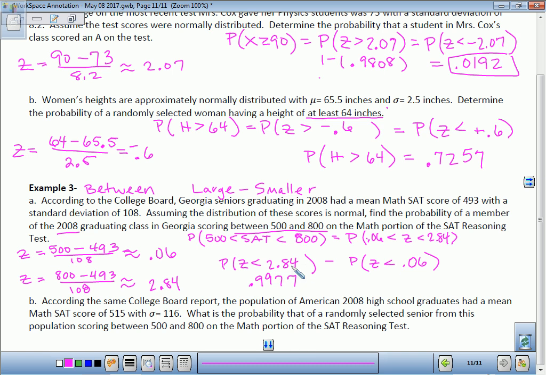And 0.06 is 0.5239. And then we subtract those two. And that gives us a probability of 0.4738, so almost 50%.